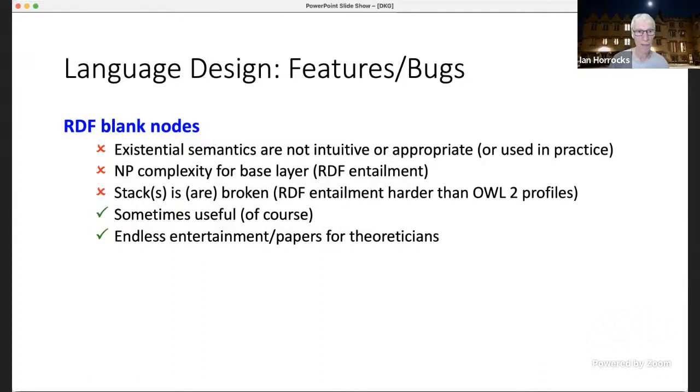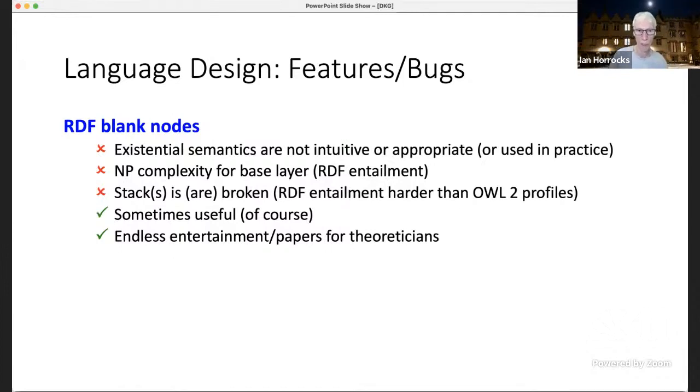But when the semantics of RDF was formalized, a whole bunch of theoretical computer scientists came on board and decided that, oh, well, actually, probably the right semantics for that is existentially quantified variables.